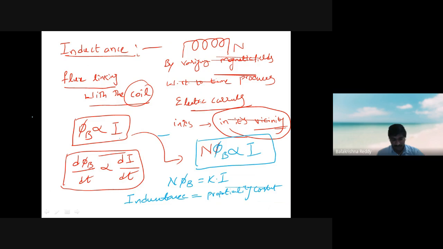What do you mean by geometry? Geometry means how much area it has. It depends on the area and shape. If it is a proper cylindrical shape with more cross-sectional area, then it produces more inductance, or induces more current.